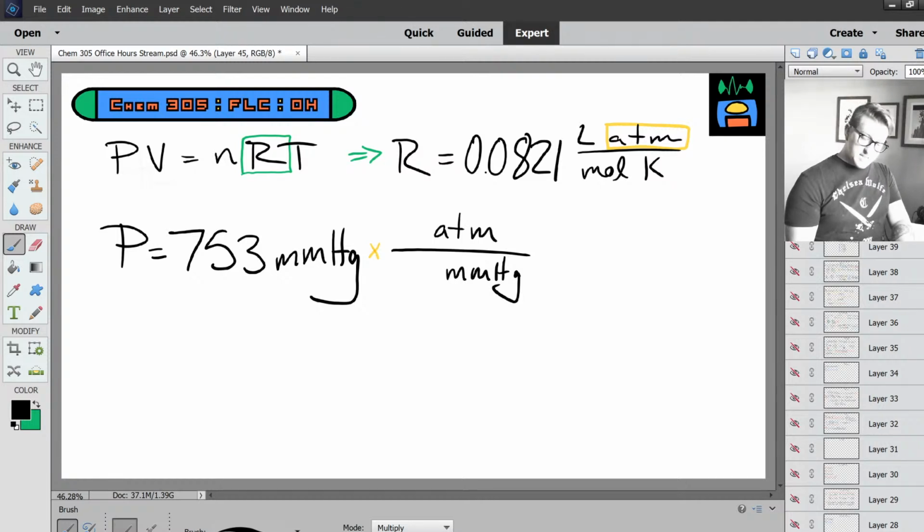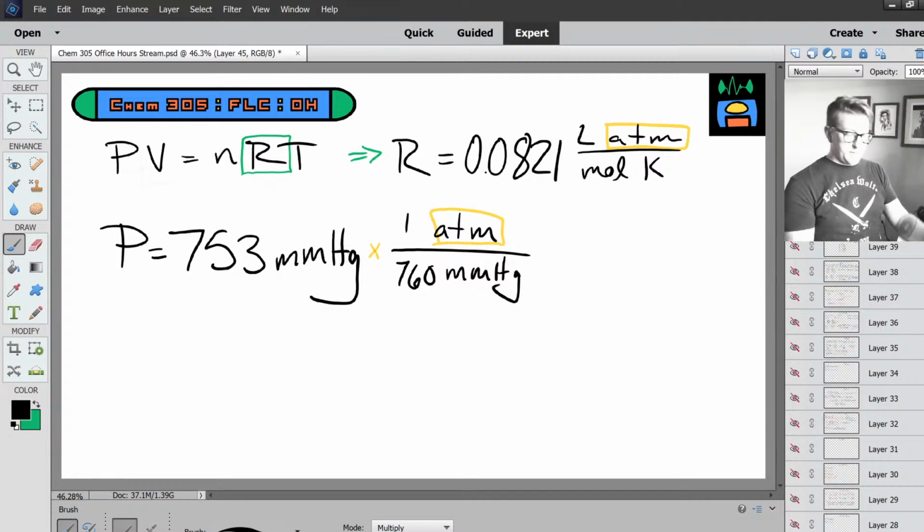That way they'll cancel with the pressure unit that the ideal gas constant has. So the unit conversion is 1 atmosphere is 760 millimeters of mercury.